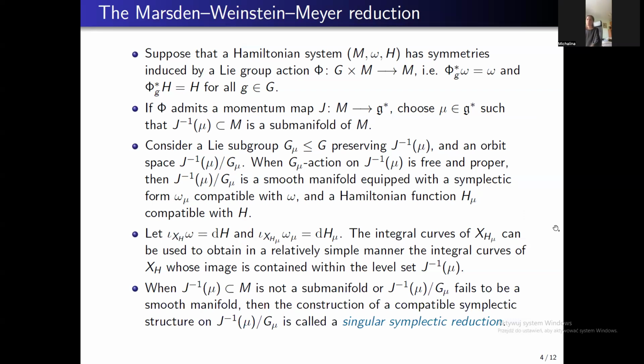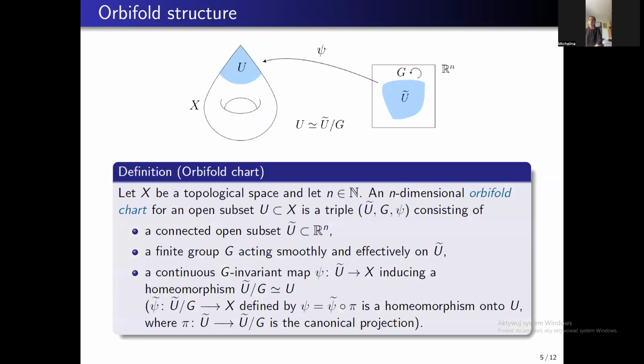of orbifolds. So now I will introduce the orbifold structure, and to do this, I will first say what a single orbifold chart is. Suppose that we have a topological space.